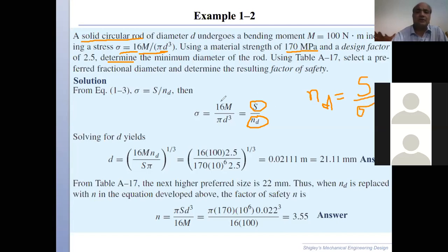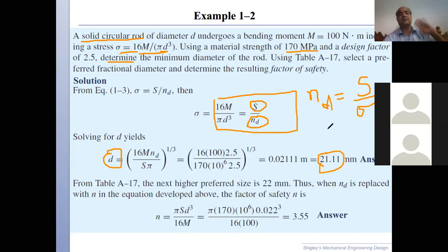So we can equate these two, and we have the only unknown, the diameter d. So we can go ahead and find this d, and that comes out to be 21.11 millimeter. This is the minimum diameter that we should have with a design factor of 2.5.